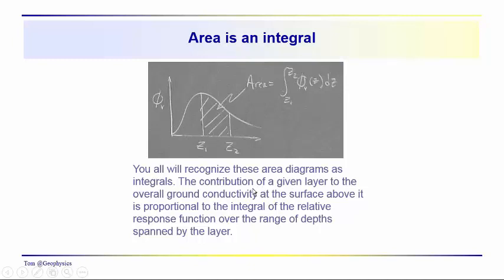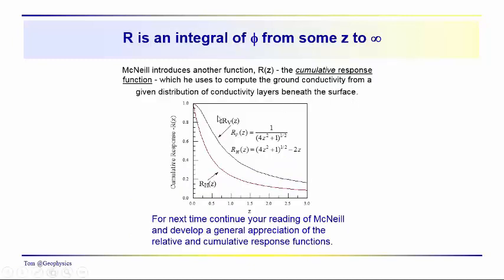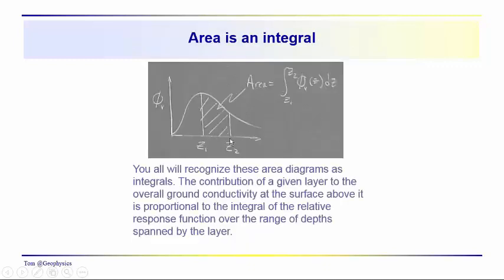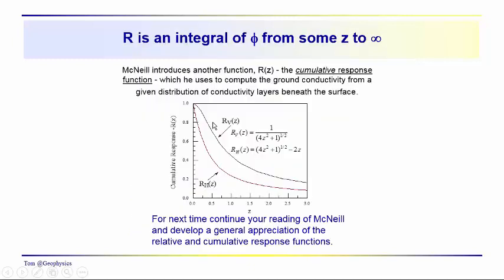What McNeil has done for us is develop an approach where we use the cumulative response function, and again, in the problems that we're going to look at, we're going to be assuming a vertical dipole orientation. So RV of z is just 1 over the square root of 4z squared plus 1. And we're going to be using these RV of z's to calculate these areas.